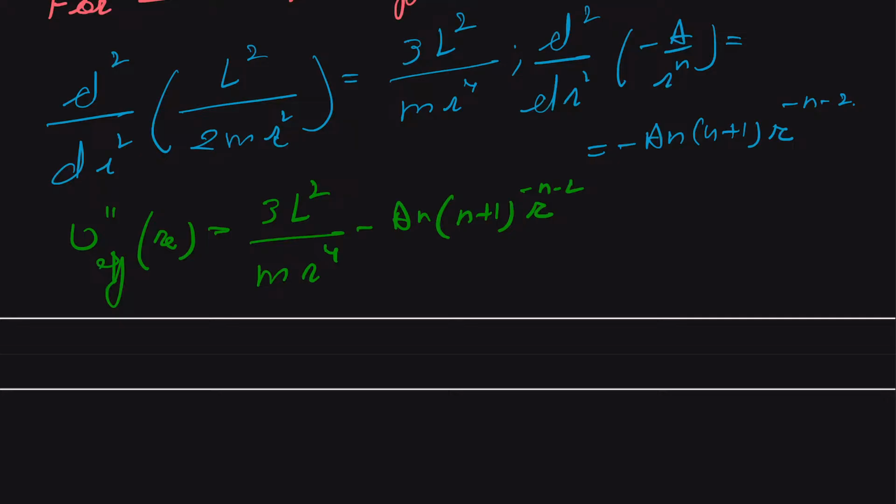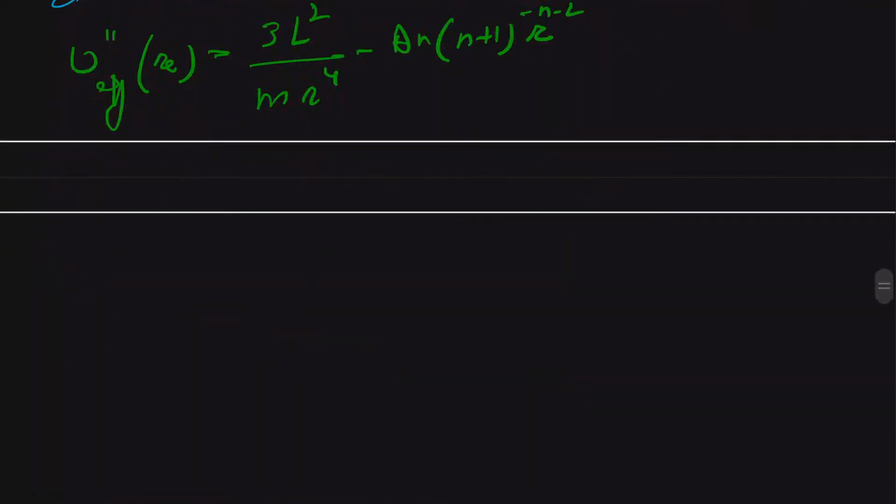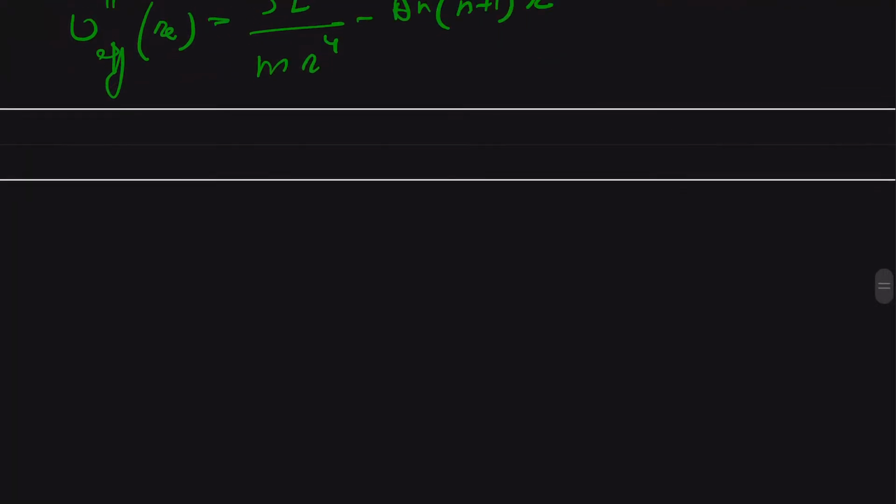And we substitute the L square upon m that we just calculated. So this will be equal to 3 n a r naught raised to power minus n minus 2, minus a n (n plus 1) r naught raised to power minus n minus 2.